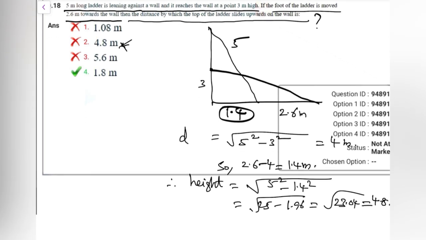They have asked us to find the distance by which the top of the ladder slides upwards on the wall. Here the wall is at a point of 3 meters high, so it will become 4.8 minus 3, which is equal to 1.8 meters, so option 4 is correct.